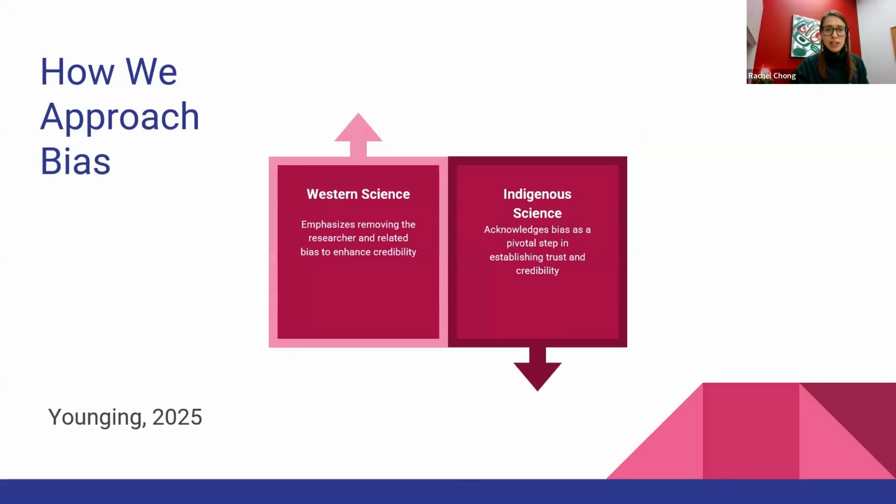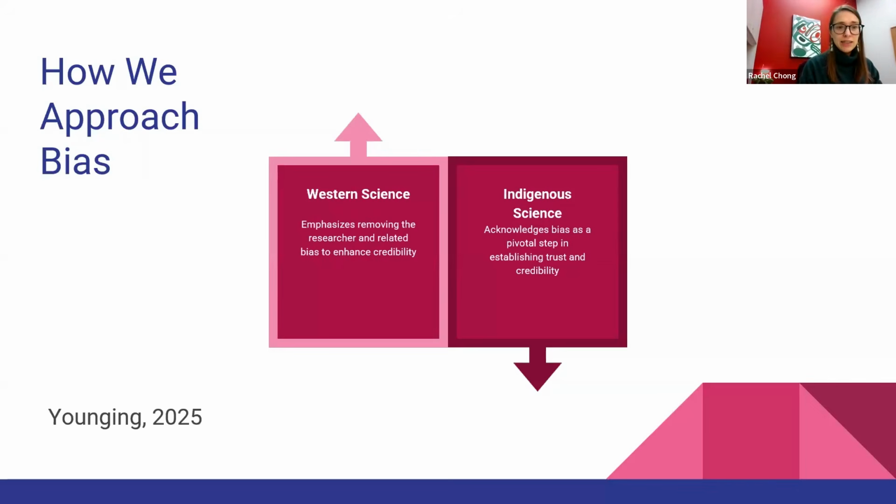And because Indigenous intellectual property is really tied to this concept of stewardship and a person's personal responsibility for knowledge, when we engage in sharing of information, our credibility comes from our relationship to that knowledge. So when you look at Indigenous science or Indigenous credibility in the academy, it's really important that we distance ourselves from this concept of Western bias removal and the isolation that happens in a lot of scientific research, where the researcher is removed from the equation.